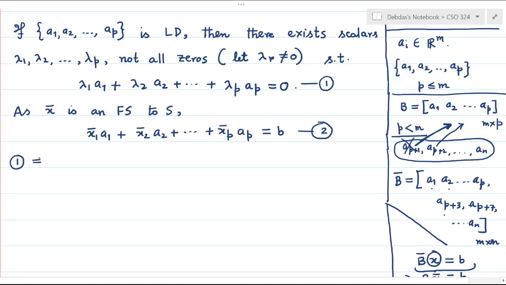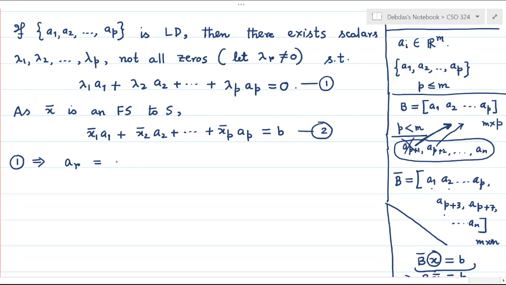from 1, as lambda r is not equal to 0, we can write the vector ar as a linear combination of the rest of the vectors. How? It will be as follows. We divide on both sides by lambda r. As lambda r is not equal to 0, you can divide by lambda r. And then you keep ar on the left hand side and send all the other components to the right hand side.